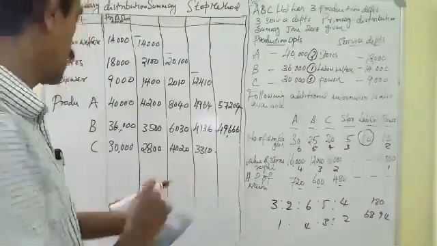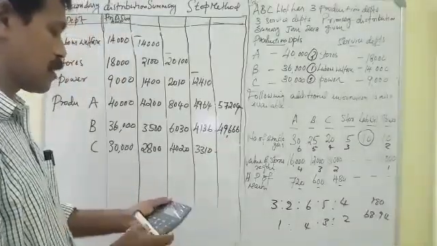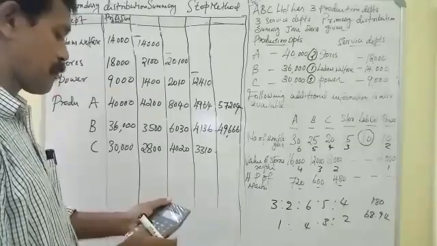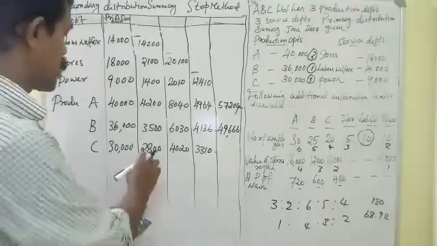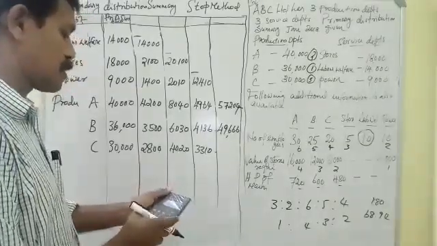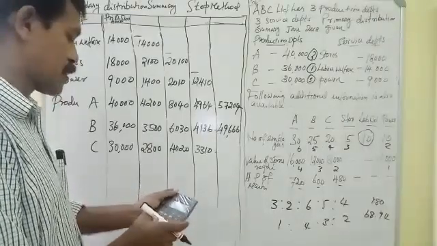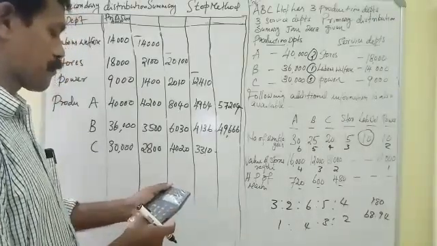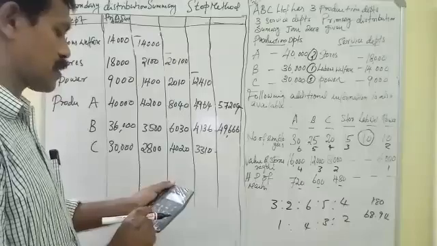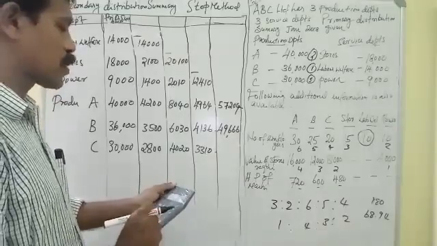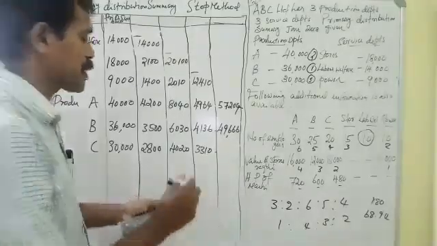Then for C, 30,000 plus 2,800 plus 4,020 plus 3,310, that is equal to 40,130.